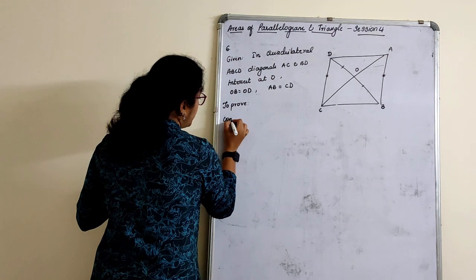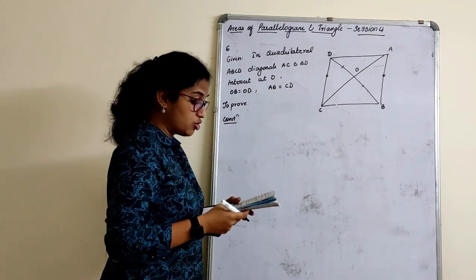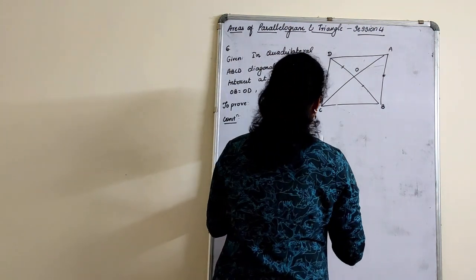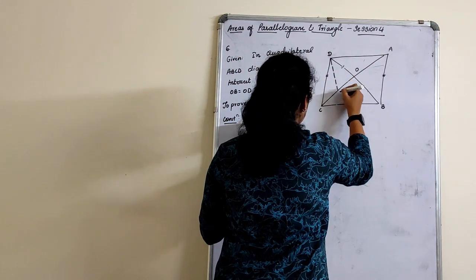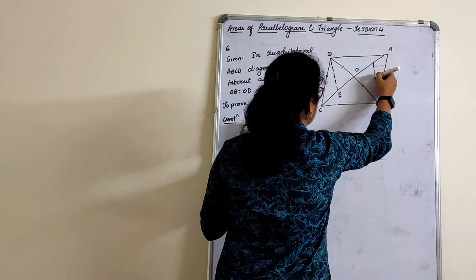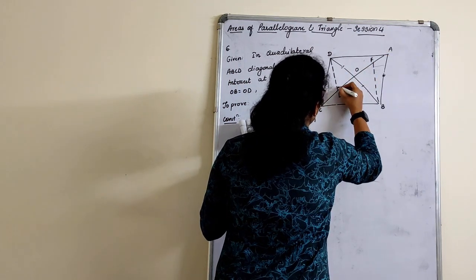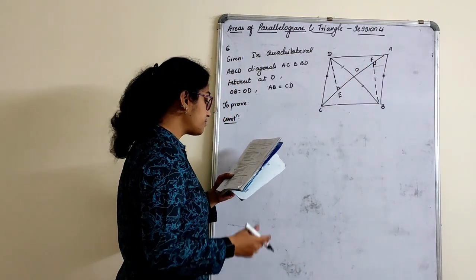To do this, we require a construction. They have already given it in the hint, but in the examination, the hint will not be provided. From B and D, draw perpendiculars to AC. That means I can draw a perpendicular here, say E, and a perpendicular here, F. So these are the perpendiculars drawn.